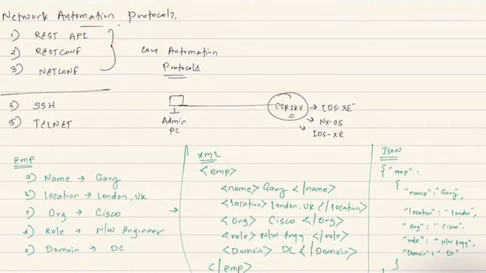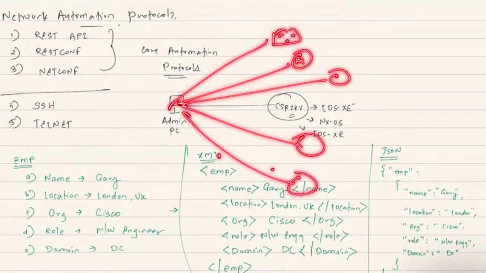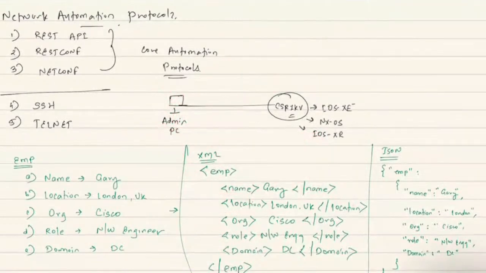When we talk about this management PC, it might be connected to either a single router, or it can be connected to multiple routers or multiple switches, right, or firewalls or whatever there is. What tools do we need to have installed on this machine in order to be able to push configuration onto devices or fetch configuration from devices?